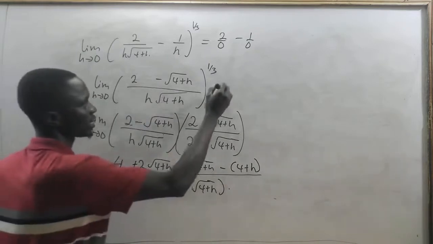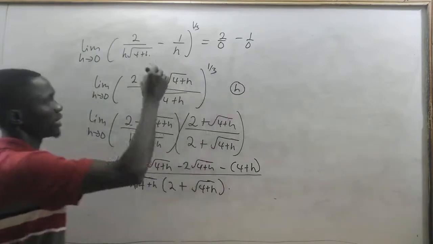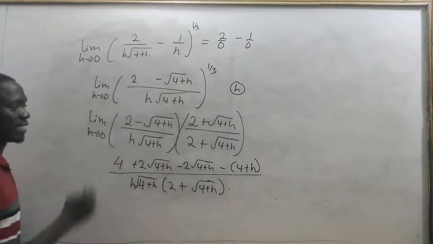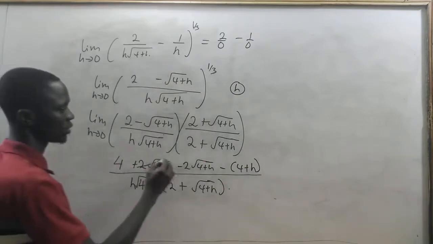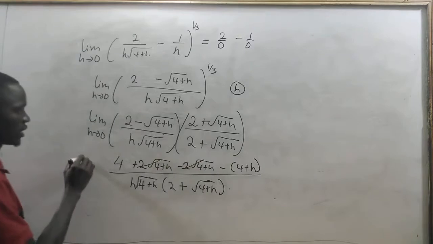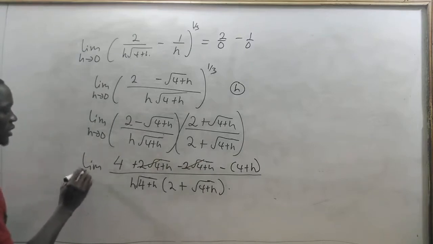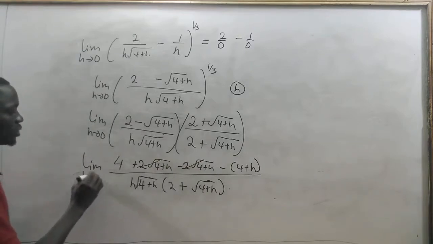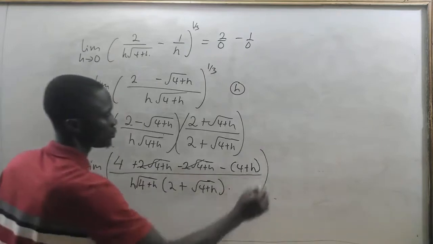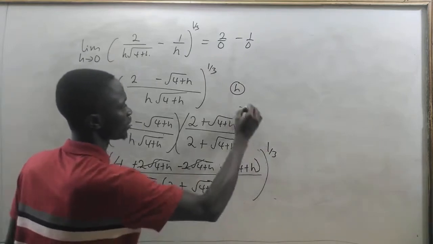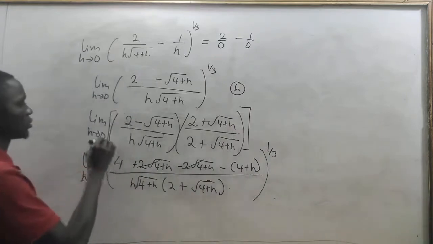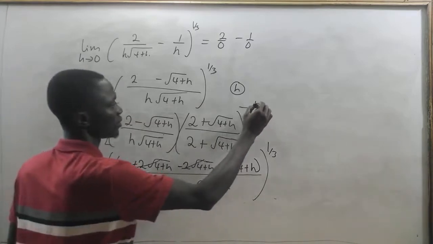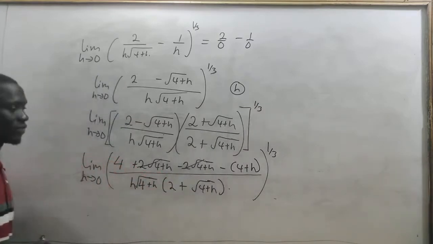So it means that h will be common to the numerator and the denominator. So this one will cancel this. Then let's bring the limit as h approaches 0, then bring the power 1 out of 3. Oh, sorry, 1 out of 3 rather, to the power 1 out of 3.